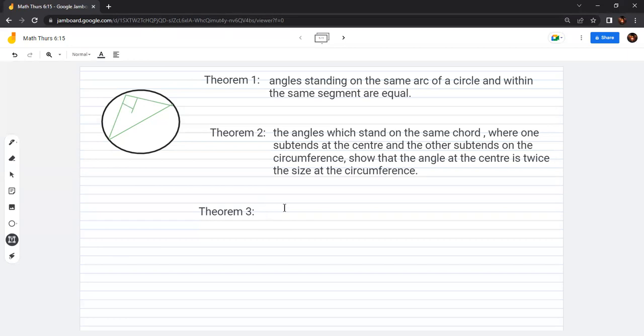So let's take the third theorem. Again, it's in no particular order. Right, so angles within a semicircle, the angle in a semicircle is a right angle or 90 degrees.